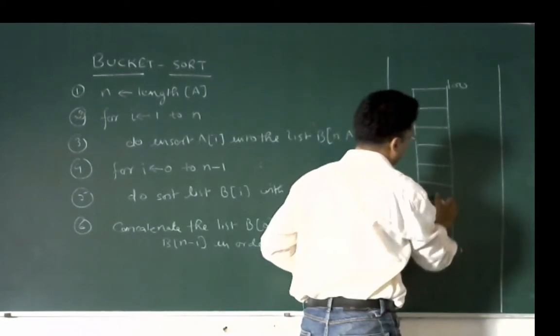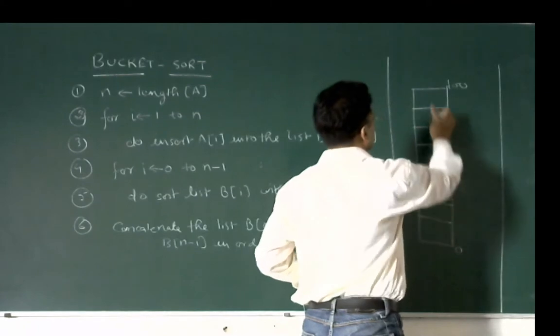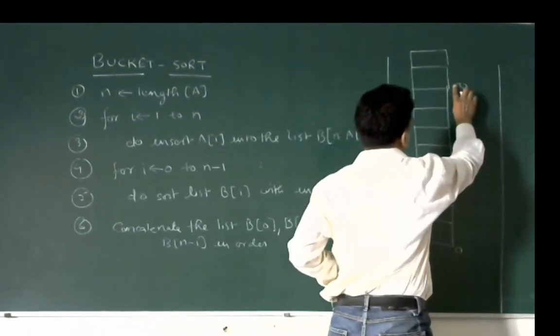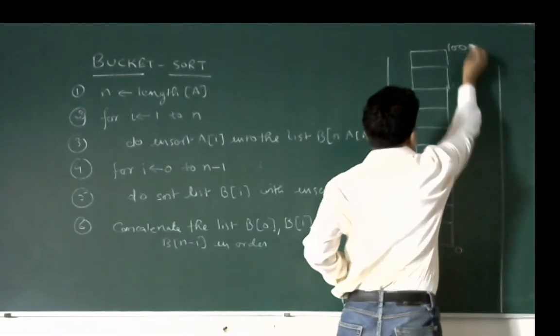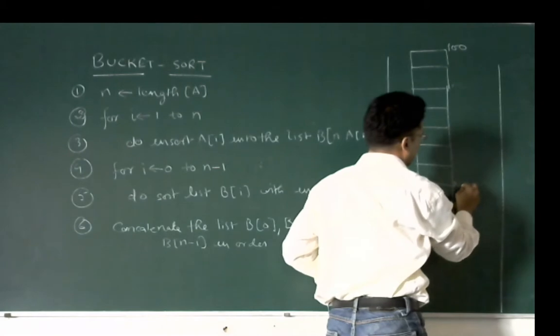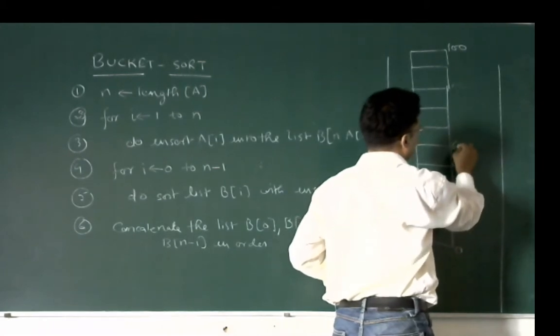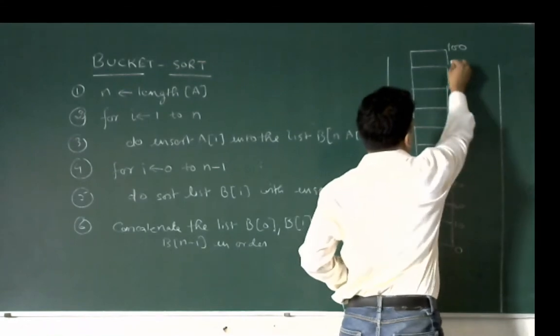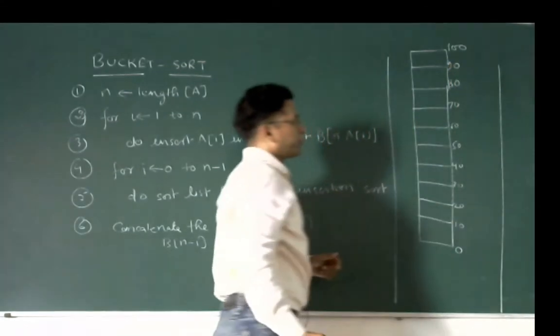Then I divide this data into 10 equal bins. My bin boundaries are 10, 20, 30, 40, 50, 60, 70, 80, 90.